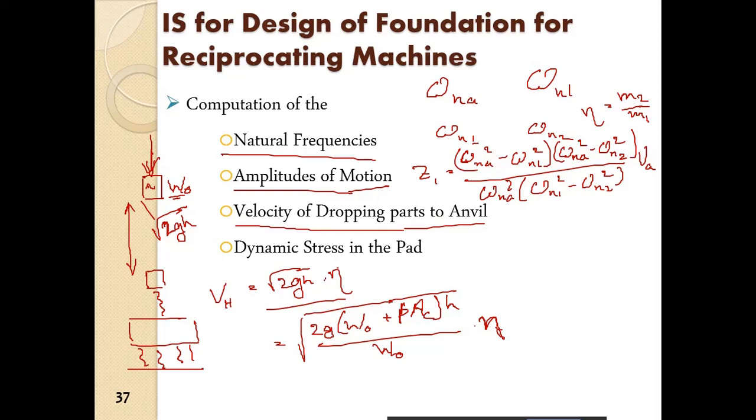Generally, efficiency is taken as around 65%, a thumb rule.